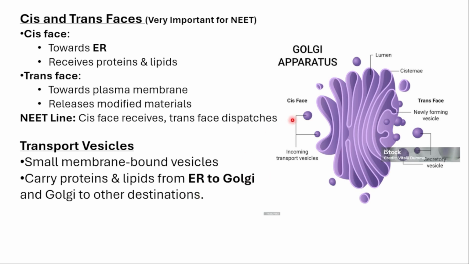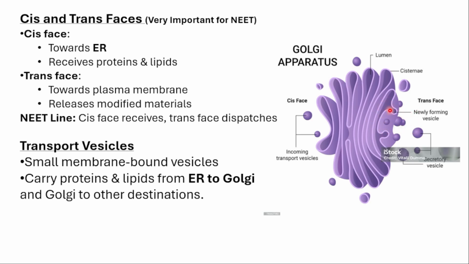Okay, see, here it is the endoplasmic reticulum. Just imagine the endoplasmic reticulum. Whatever it releases is going to be transported by these transport vehicles. Now these vehicles are going to deliver to the cis face. Next, after the modification, they are going to be transported to what?